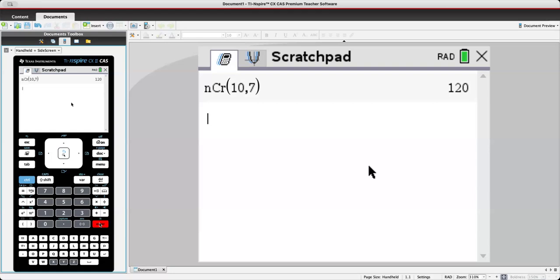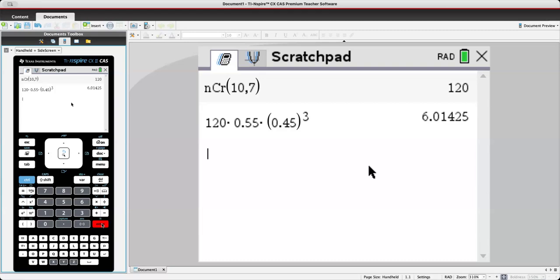And we are going to multiply that times 0.55 raised to the 7th power. And then 0.45 raised to the 3rd power. And hit enter.